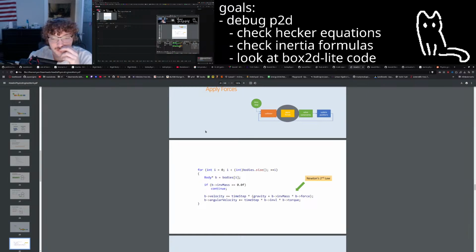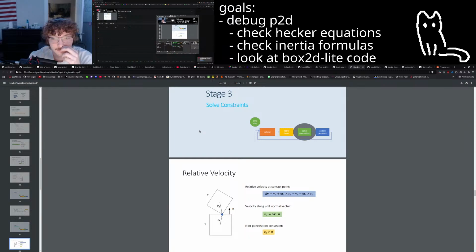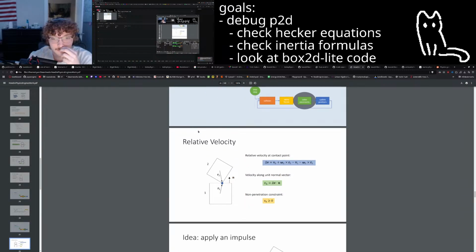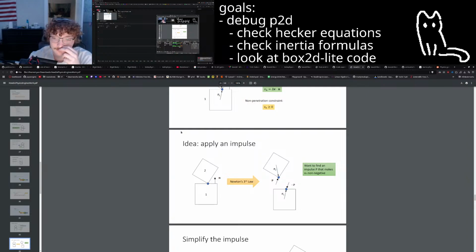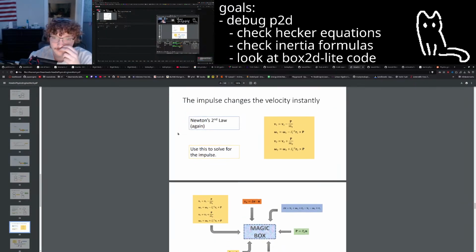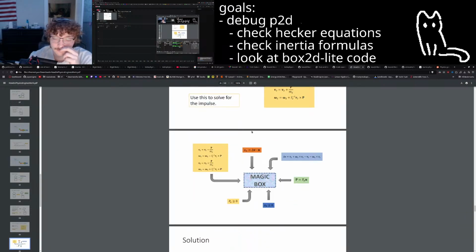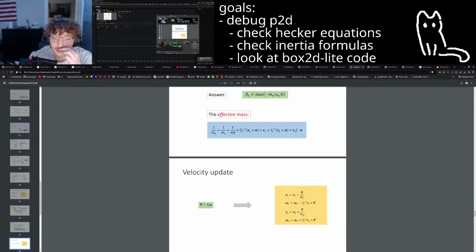Gravity time plus inverse mass times force. Relative velocity. Effective mass.